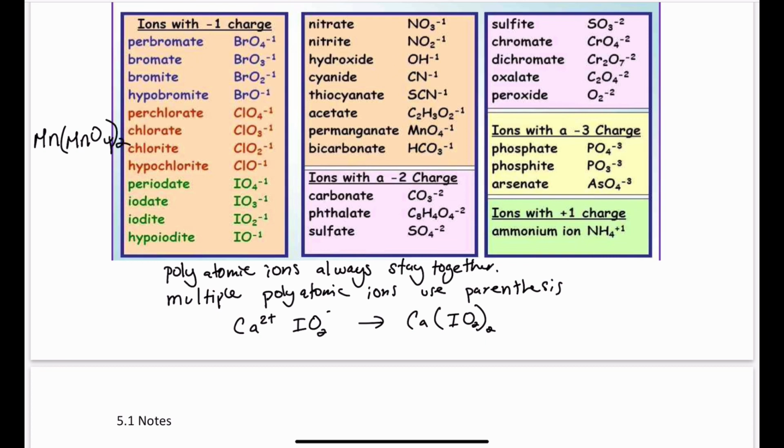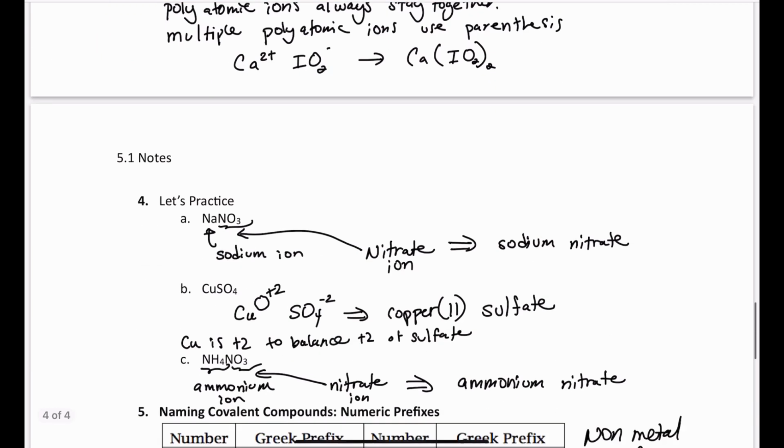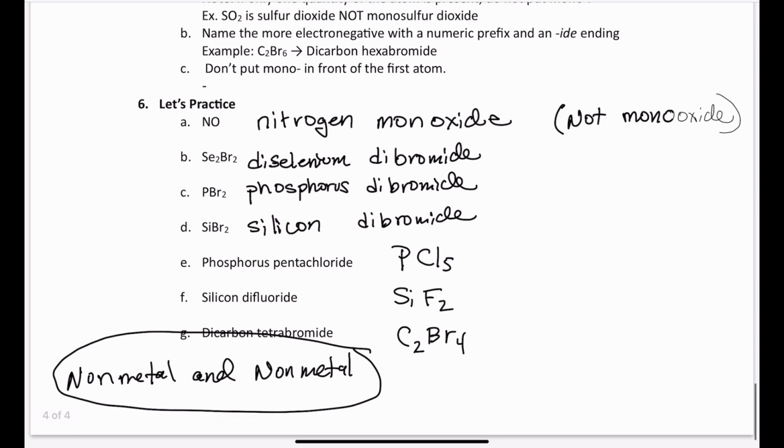So this would be called manganese 2 permanganate. But no di, no tris, no tetras. So that's the main thing that you have to remember, and something that it's easy to get confused.